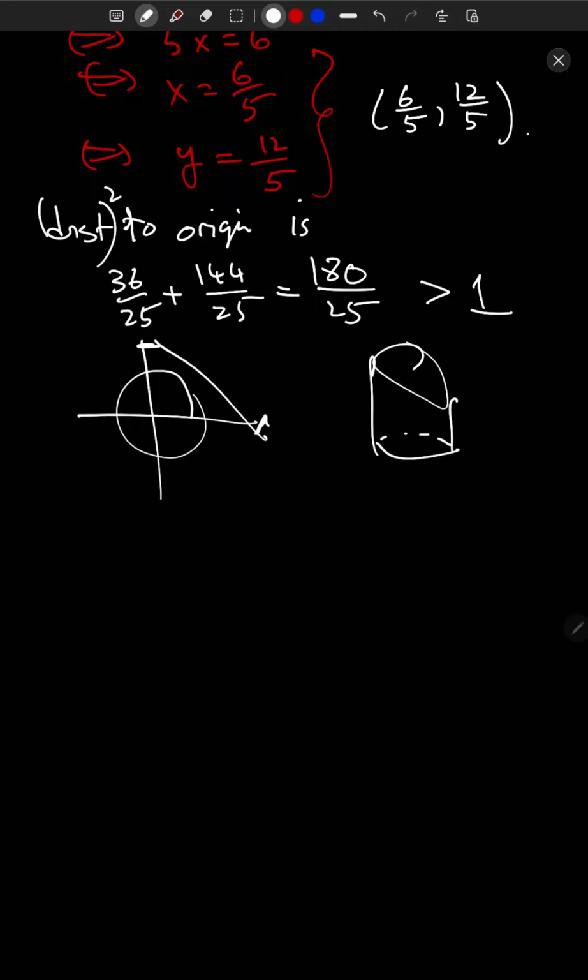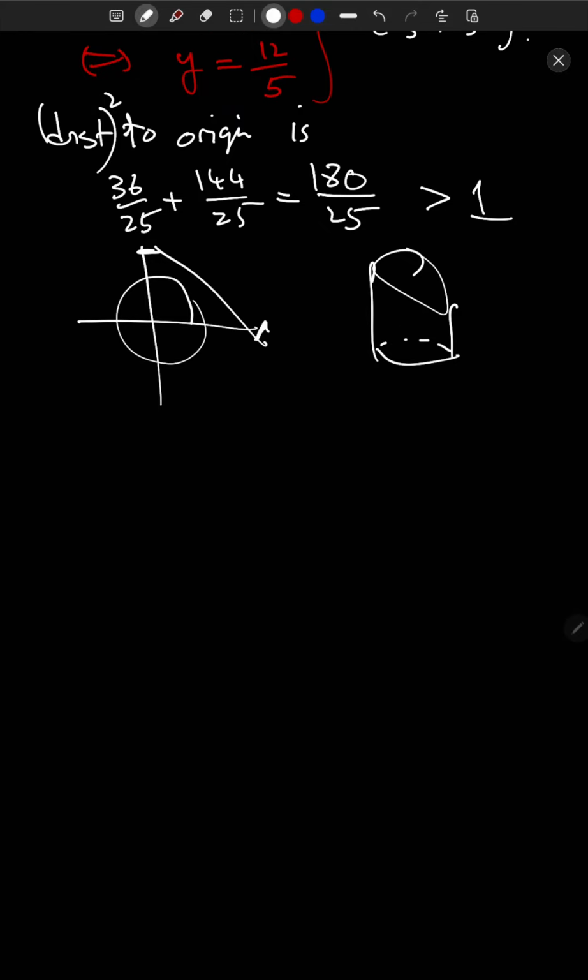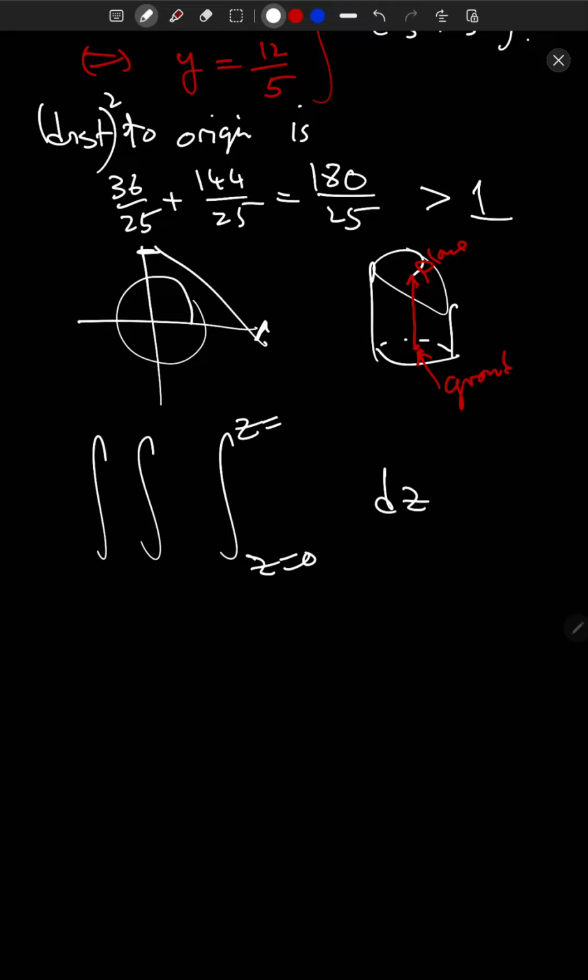Okay, all right, knowing that it does look like that tells me that I want to do integrals from the ground with respect to z all the way up until I hit the plane, right? So when I do my integral, I'm going to do dz, z equals 0 to z equals the plane.